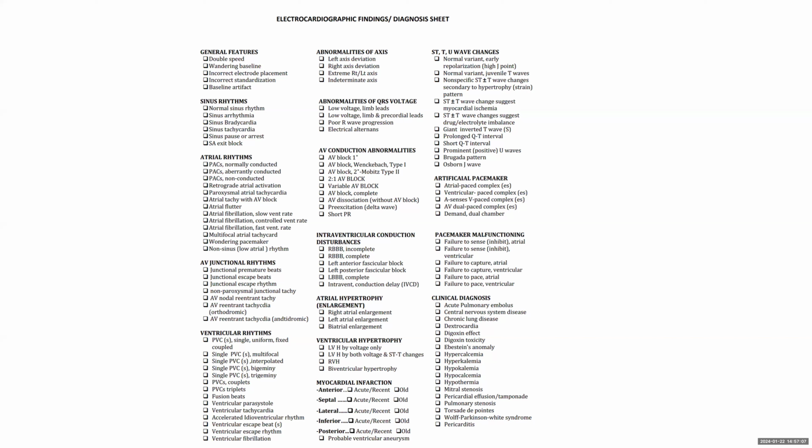Demand, dual chamber. Demand means it's a backup. How do you know? You know if there's just intermittent pacing. So you have, let's say, a pause, spike P, then PR, spike QRS, but then sinus tachycardia.